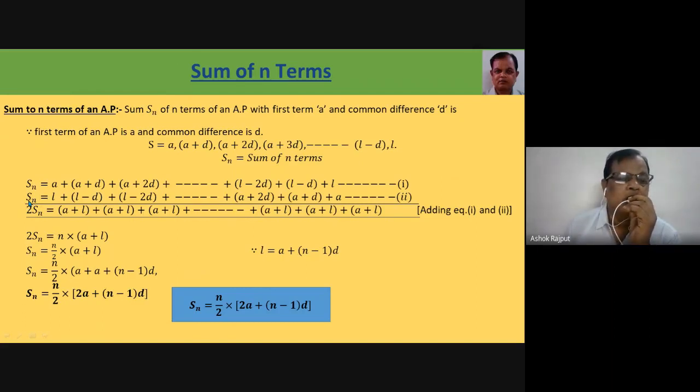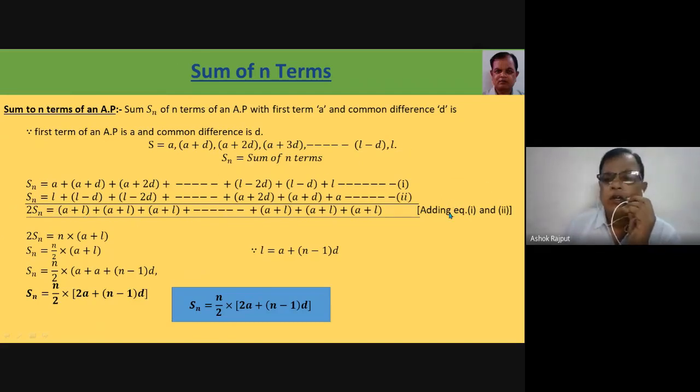So we have written S_n equal to l plus (l minus d) plus (l minus 2d) and so on, plus (a plus 2d) plus (a plus d) plus a. It is the second equation. Here we have only reversed the terms. In the first we have written first to last and here we have written last to first.